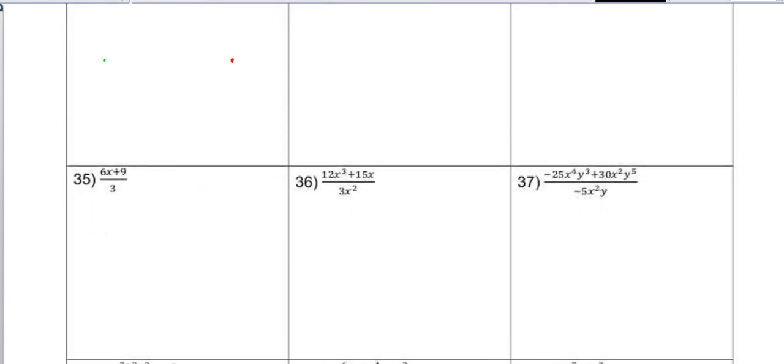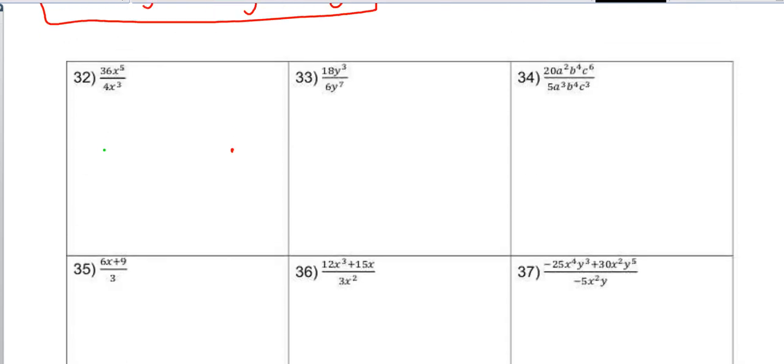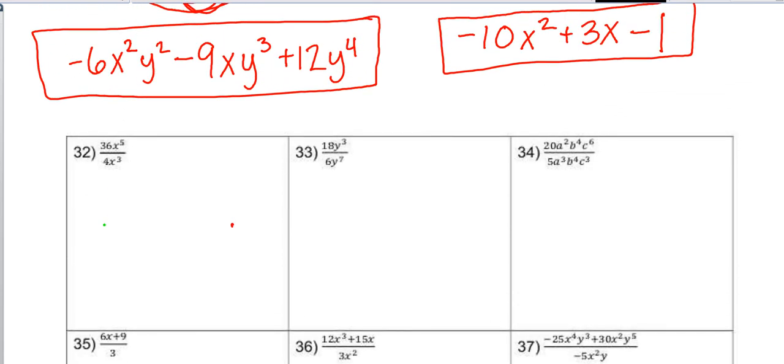All right. So let's go ahead and we're going to do 34 together real quick. So I actually have a monomial over a monomial this time, and that's actually what 32 and 33 look like as well. And so I'm just going to be able to simplify this using my exponent rules that I already know.